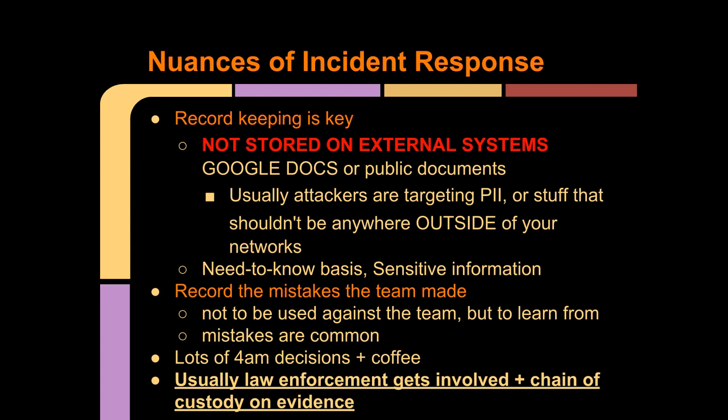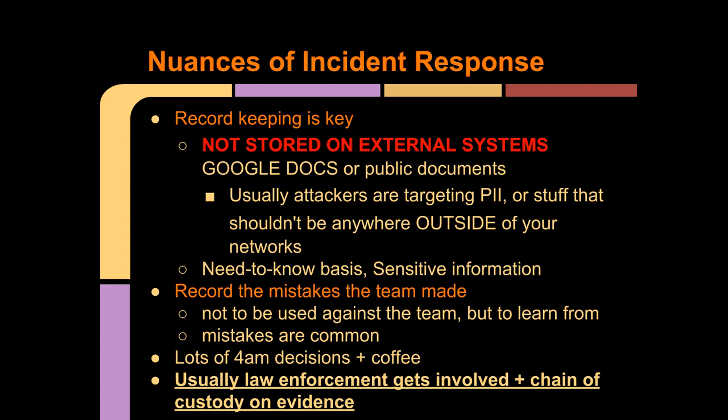Attackers, when they're targeting personally identifiable information or similar stuff, a lot of your incident response record keeping can reflect some of that information. So if you have trade secrets in the attack traffic that they're exfiltrating, keeping the records of that should not be outside of your network.